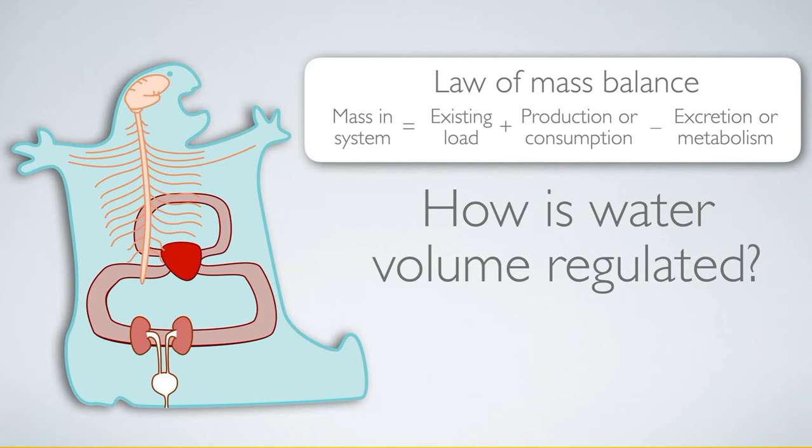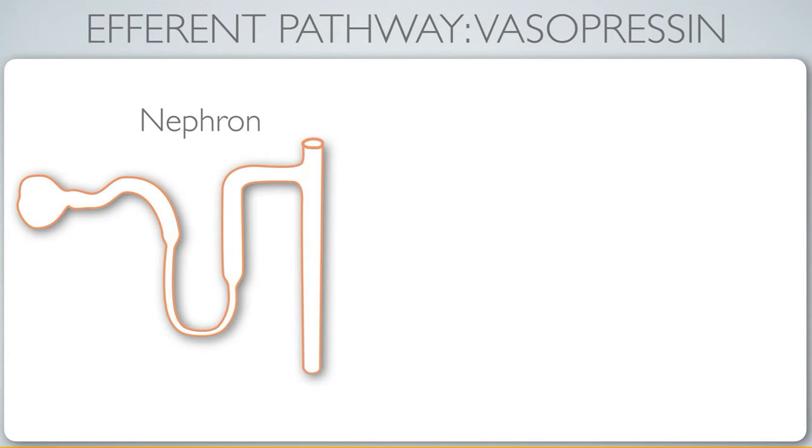And we're going to talk about the kidneys, and in particular the nephron. And as we've already discussed, the collecting duct of the nephron is the final tubule that performs the function of tuning the osmolarity of urine, or the concentration of urine, according to what the body needs.